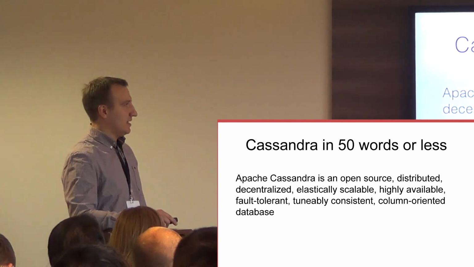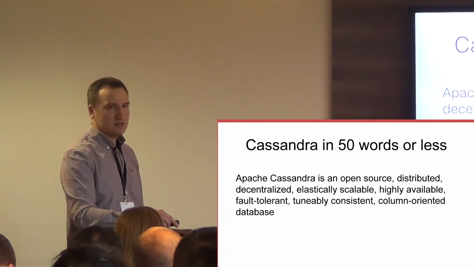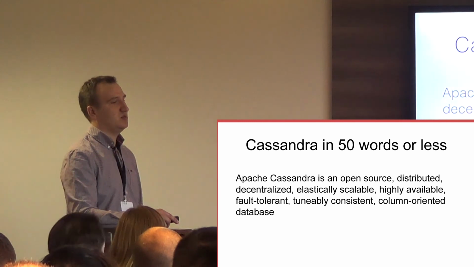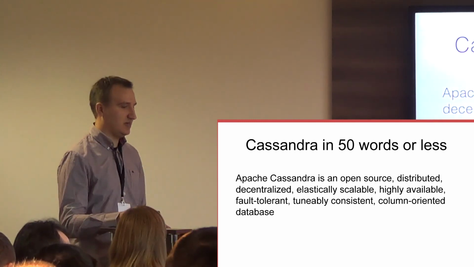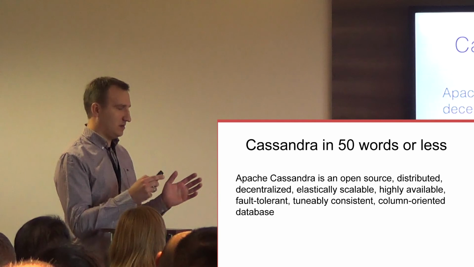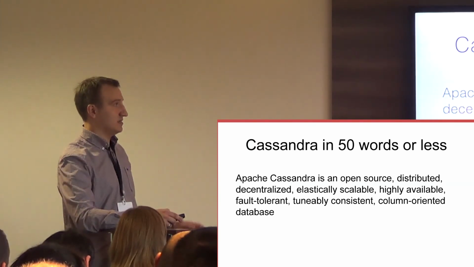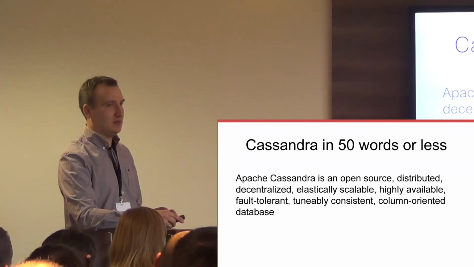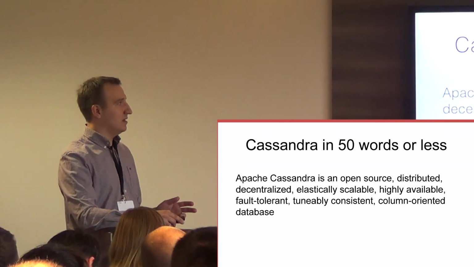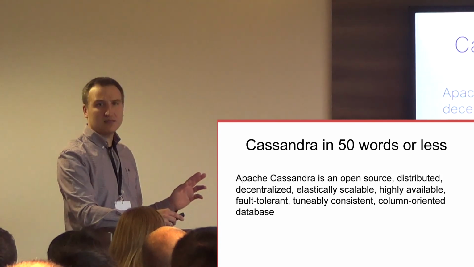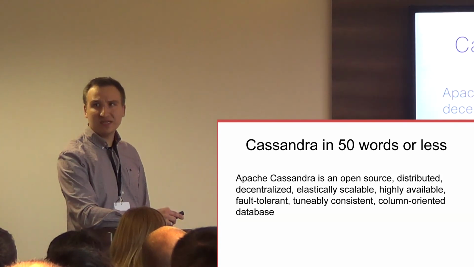Cassandra is actually a distributed and decentralized database. By distributed and decentralized, this means that it keeps its data ranges on separate nodes. It is elastically scalable. I know that everybody knows what scalable is, but elastically, who knows what that means?